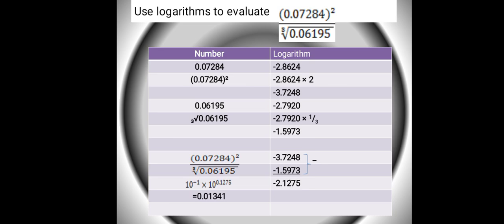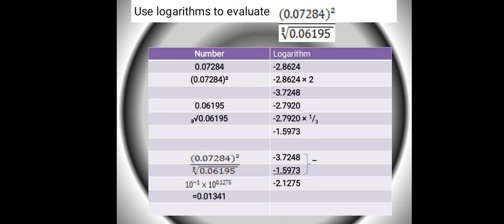Use logarithms to evaluate the square of 0.07284 all over the cube root of 0.06195. Now, the logarithm of the number 0.07284 is 2.8624.